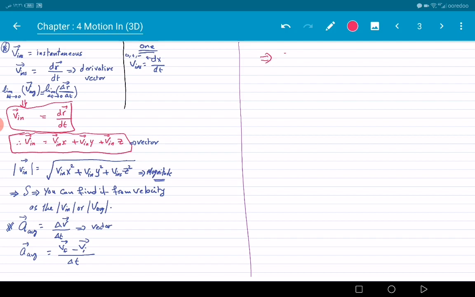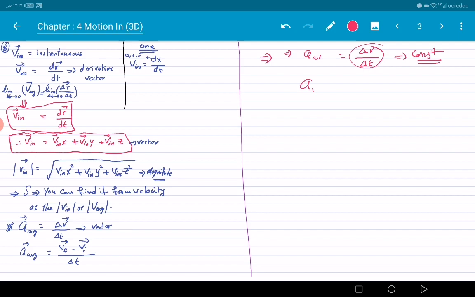In chapter 2, the average acceleration is equal to delta v divided by delta t. If it's constant, I know it is the final plus initial.